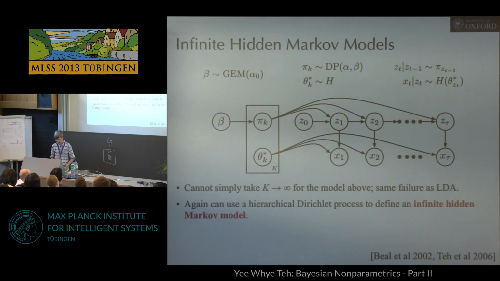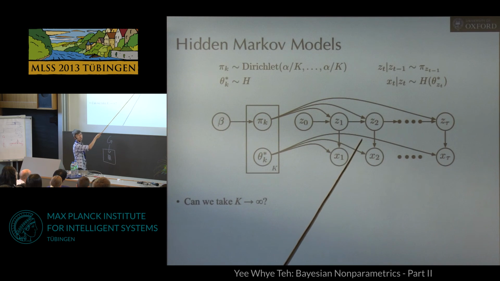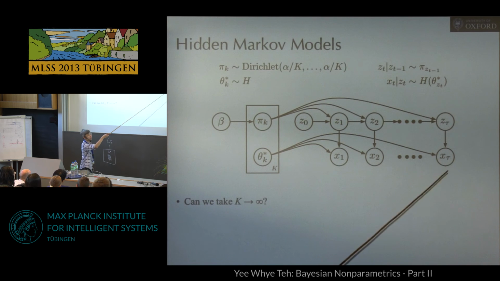So it turns out that you cannot actually simply take k to go to infinity, for exactly the same failure mode as latent Dirichlet allocation. What will happen is that if you take the usual approach and take k to infinity, you're going to be led to a model in which at every time step, you're always going to transition from the current state to a new state that you've never seen before, and you're always going to get new states and new states.